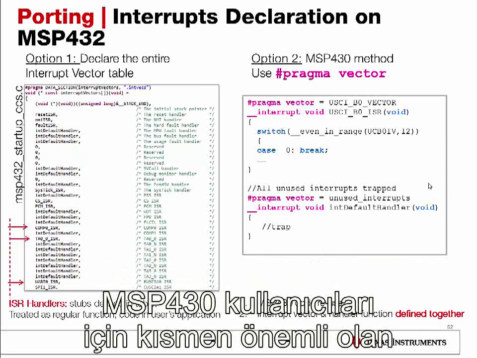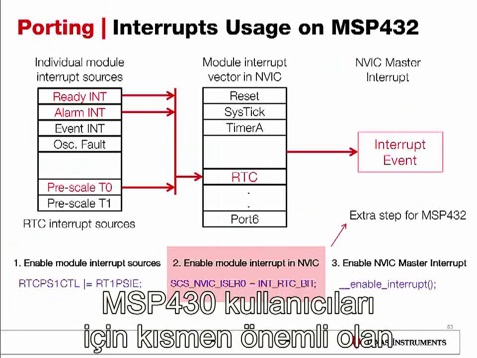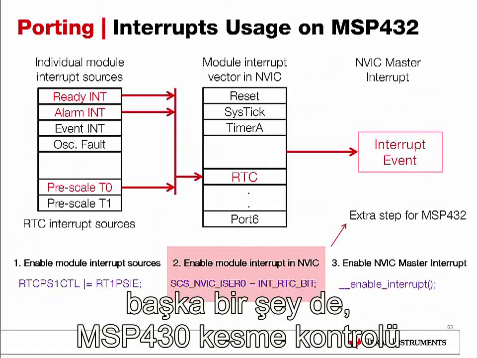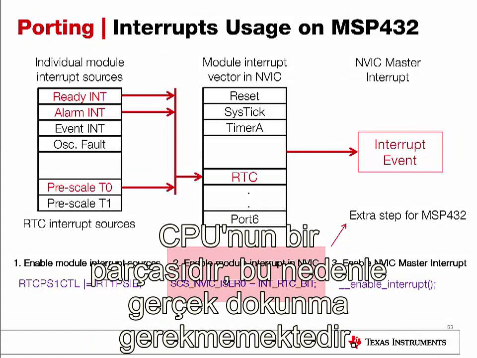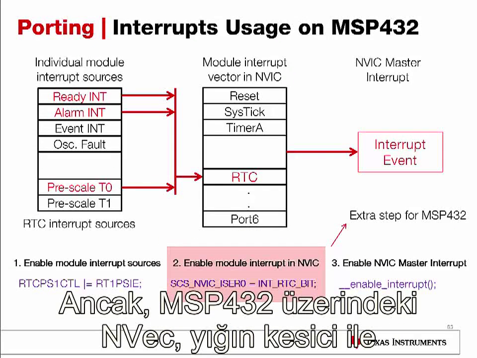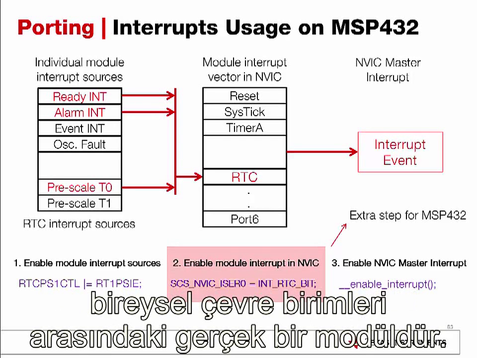Another thing to note in terms of interrupt usage on MSP432, and that is particularly important for existing MSP430 users, is that on MSP430, the interrupt controller is part of the CPU, so no extra handling is required. However, on MSP432, the NVIC is the actual module that sits between the individual peripherals and the master interrupt.